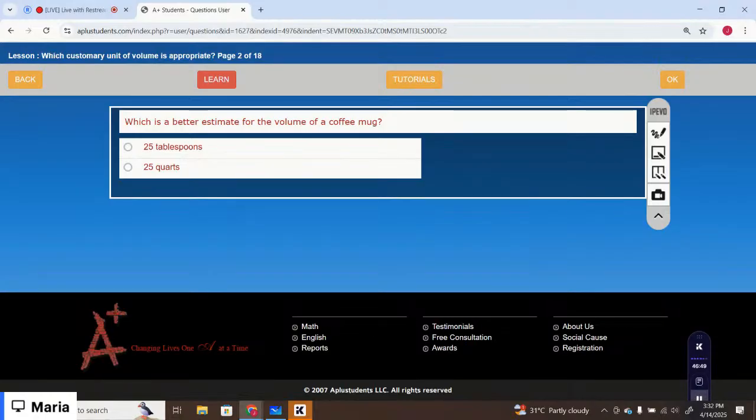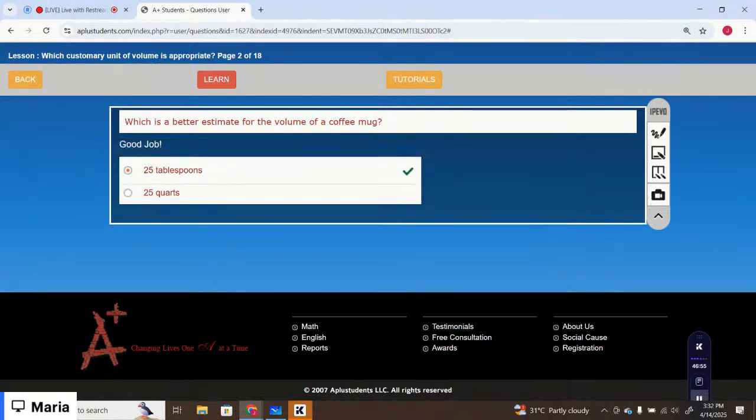That is a coffee mug, right? So that must be 25 tablespoons because 25 quarts is too much for the coffee mug. Option one is the correct option.